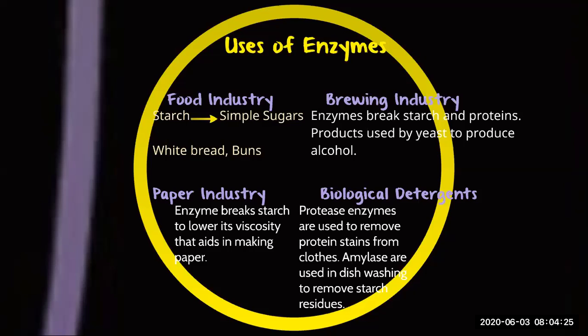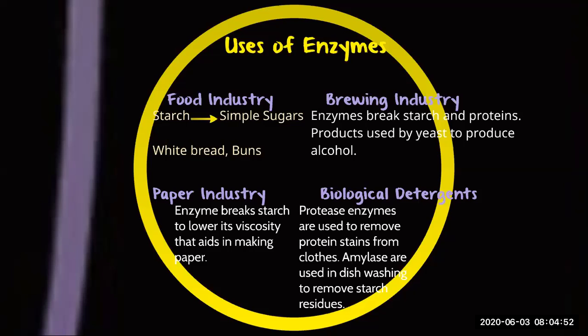What is happening in the paper industry? Here enzymes break starch to lower its viscosity. Now the question is, what is viscosity? Viscosity comes from the word viscous, meaning thickness. I think I might have told you about glue, how thick it is. Let's talk about water. Water is runny.